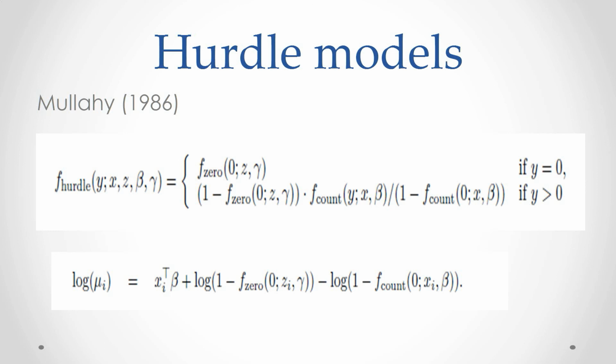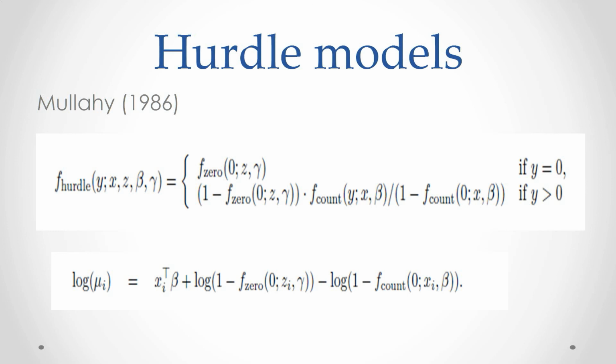So formally, the hurdle model is given by a probability mass function which is equal to f0 if y is equal to 0, and (1 minus f0) times the truncated f count over (1 minus f count at 0) if y is positive.